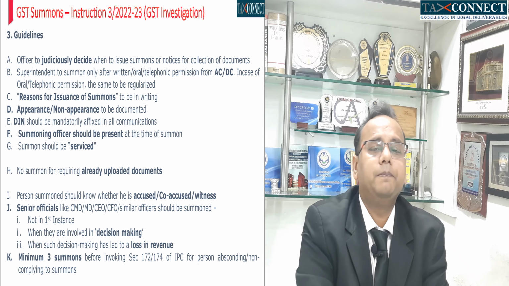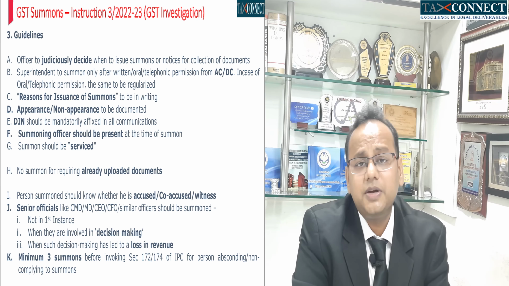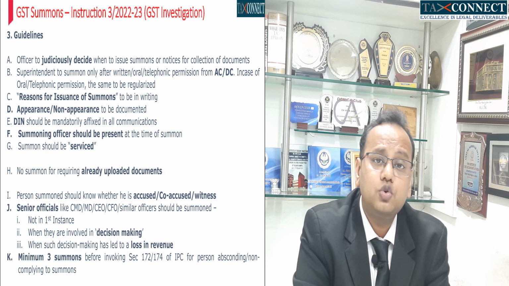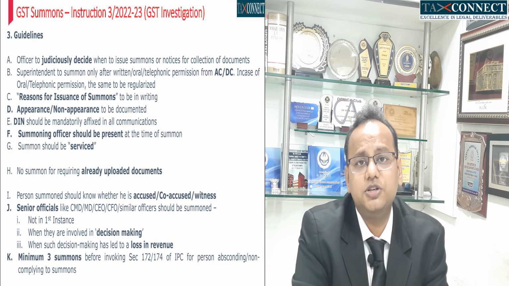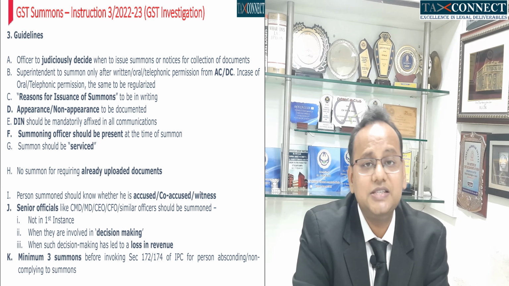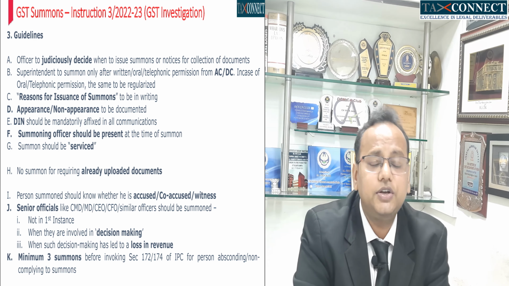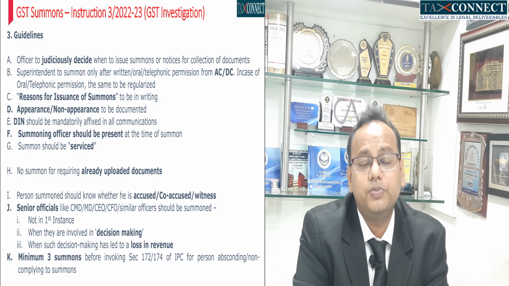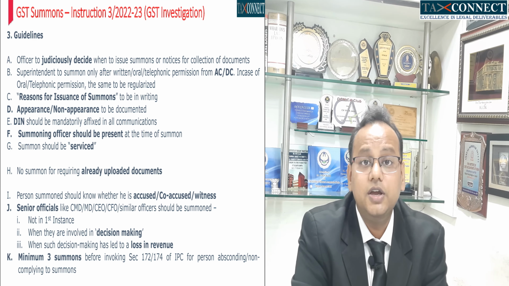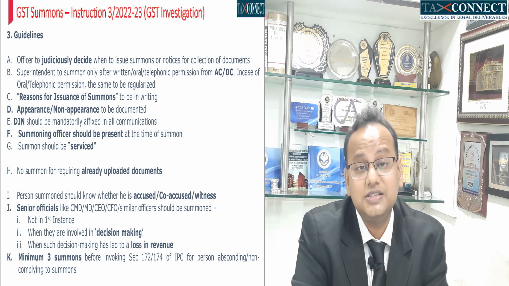So first is that summons are issued generally by the superintendents. However, henceforth the superintendents have to take a written permission from the AC or DC for issuing the summons. Superintendents, AC and DC are required to judiciously decide now whether a mere notice under GST for calling for information or documents would be sufficient or a summon is necessary.